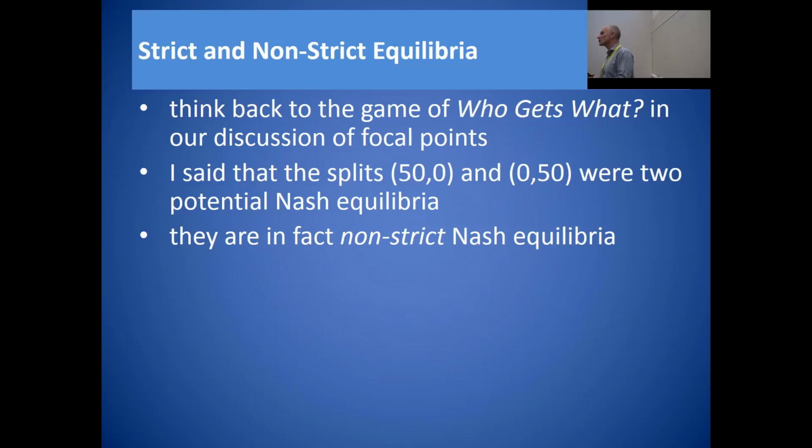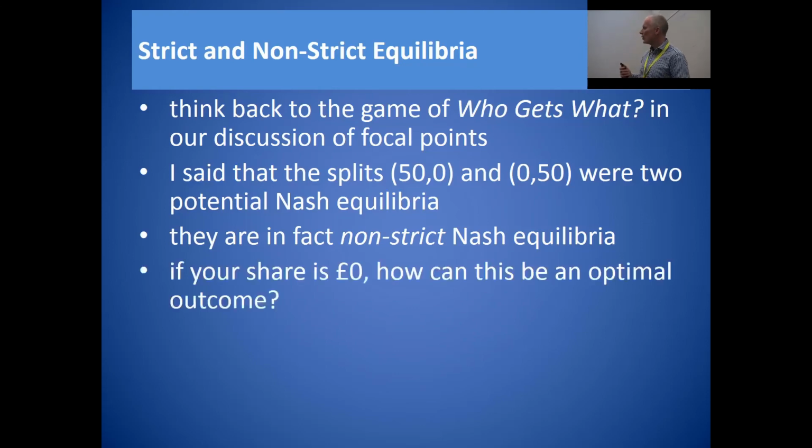Well, it was that last game that Tanya and I played, where we had to split the £50. And I said that two Nash equilibria would have been these ones. One where I chose £50 and Tanya chose 0. And the other where I chose £0 and Tanya chose 50. Those are Nash equilibria. Neither of us would have an incentive to deviate. We couldn't make ourselves better off.